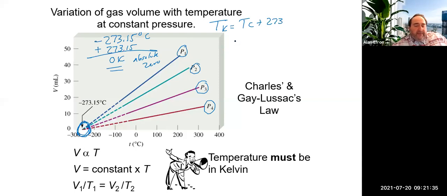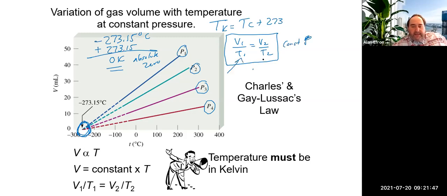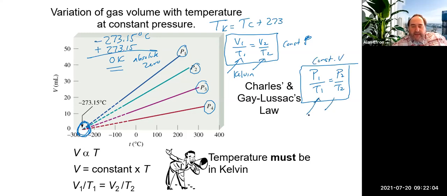That means the two that we just saw, which was Charles' law at constant pressure, those need to be in Kelvin. And also Gay-Lussac's law, P1 over T1 equals P2 over T2 at constant volume, also needs to be in Kelvin.